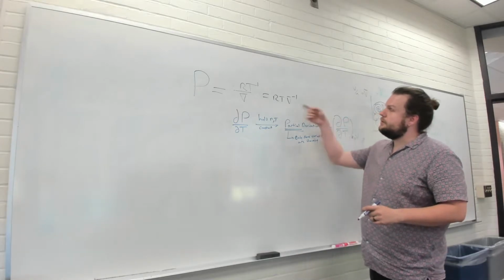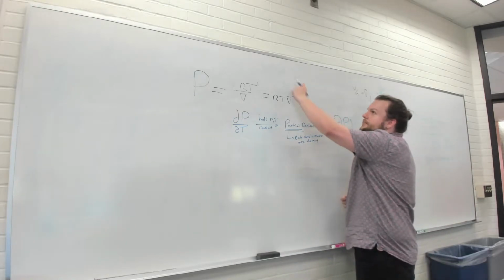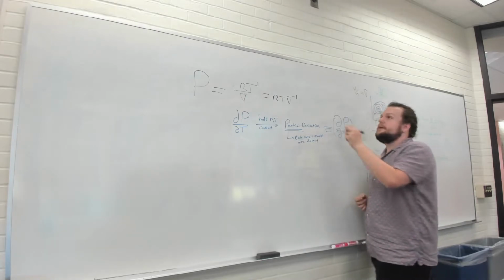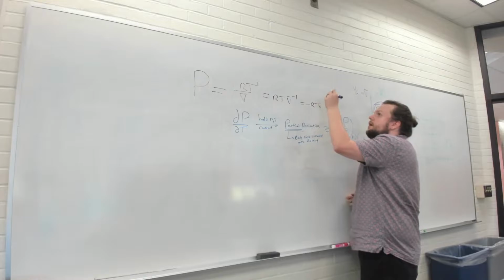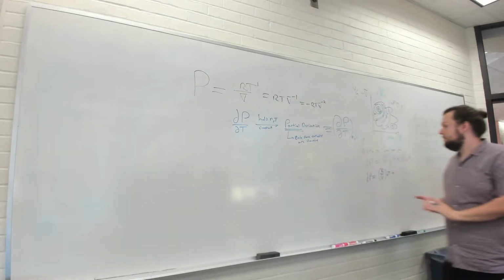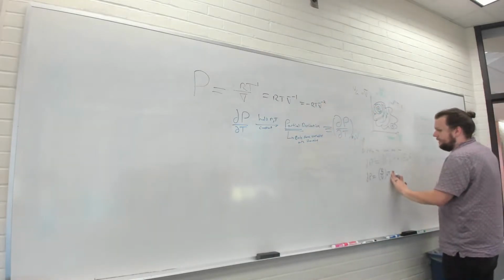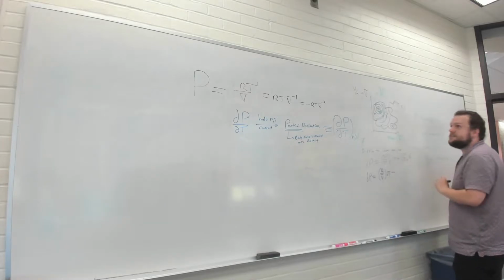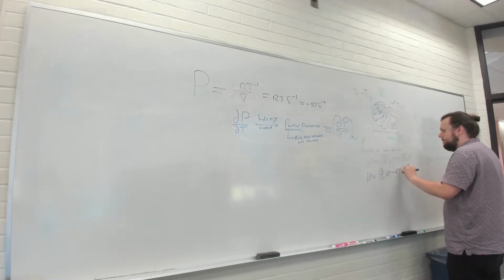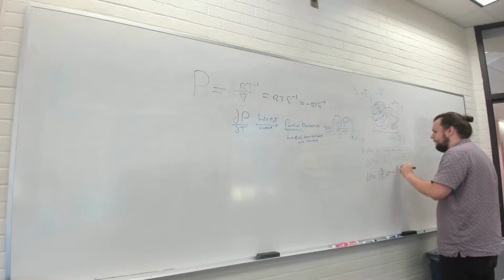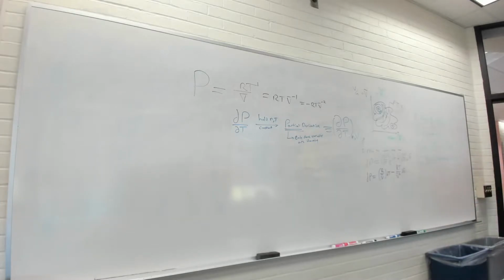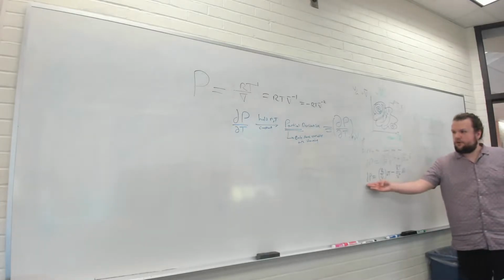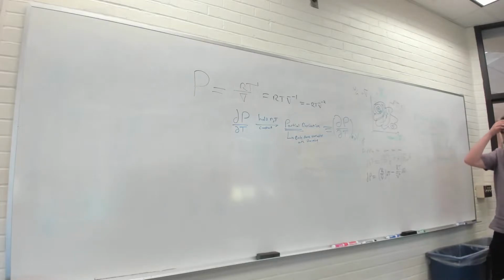We bring this down and subtract 1 from the power, so that's minus RT V bar to the minus 2. The minus sign is already there, so we get minus RT over V bar squared dV. So this is the total change in the pressure as a function of its variables.